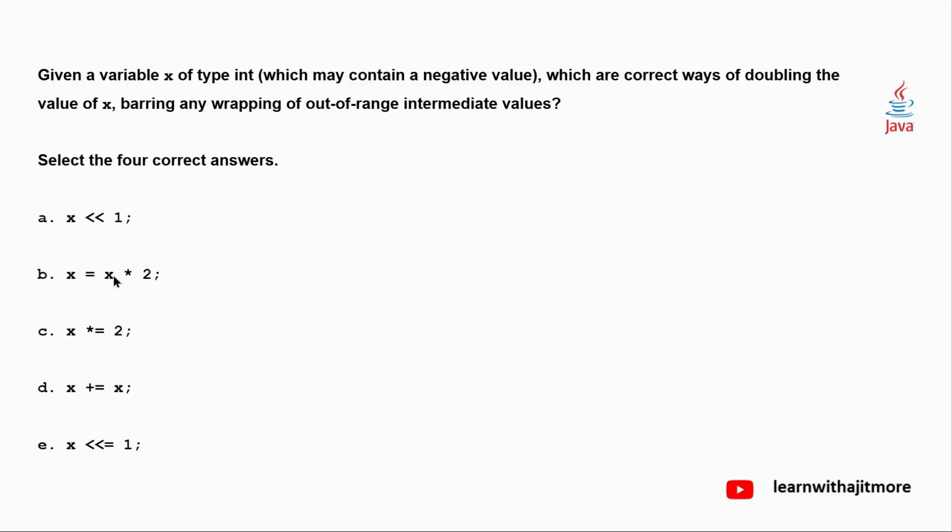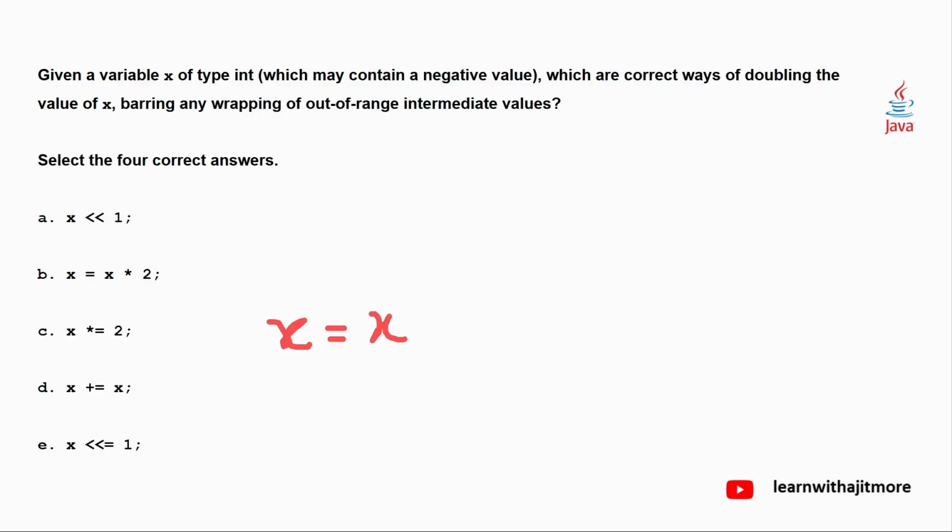If I multiply anything, and x is integer, so integer into 2 is int stored in int, no problem. Tell me, if I multiply anything by 2, is it going to double? This is compound, remember. It will double.